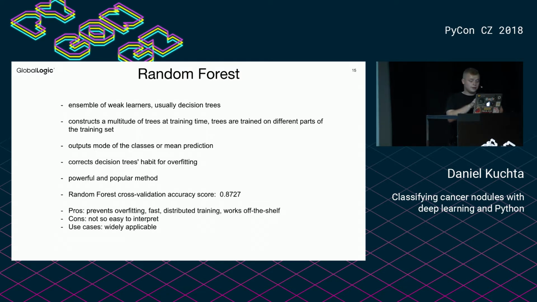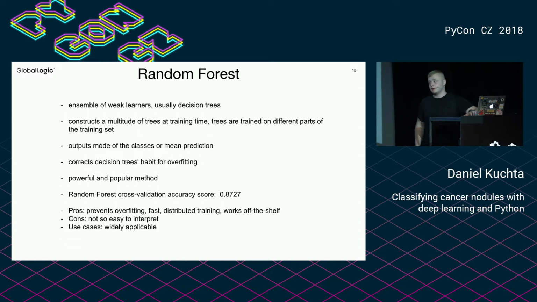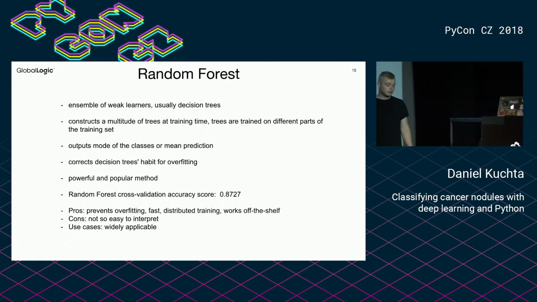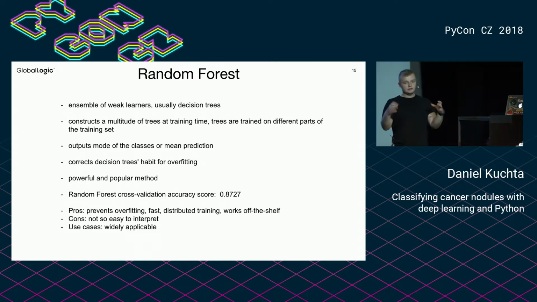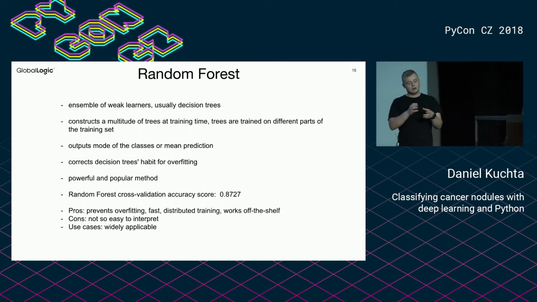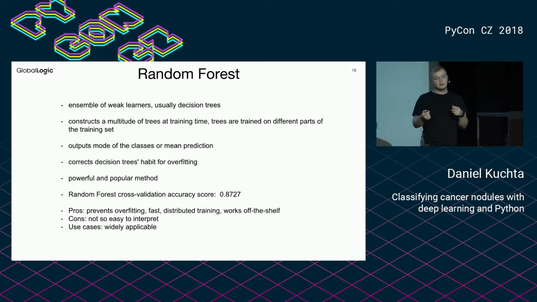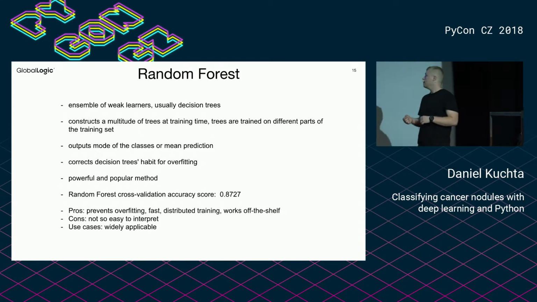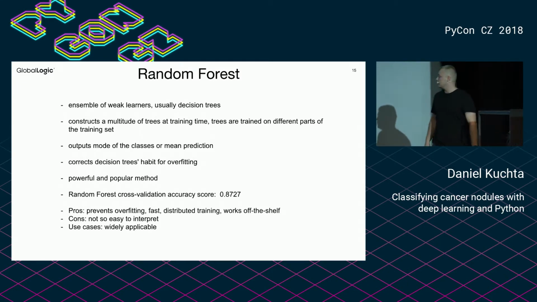Then we reached out to Random Forest, which is a similar method. It builds several decision trees or some other weak learners simultaneously, and it lets them train on different parts of the data set, and then again you do the majority vote or average for your predictions.